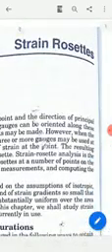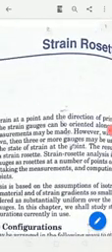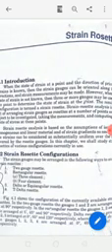Mechanical Engineering Department. So today we will start module number 2, that is strain rosette. Already module number 1 I have completed, one chapter, that is electrical resistance strain gauges.